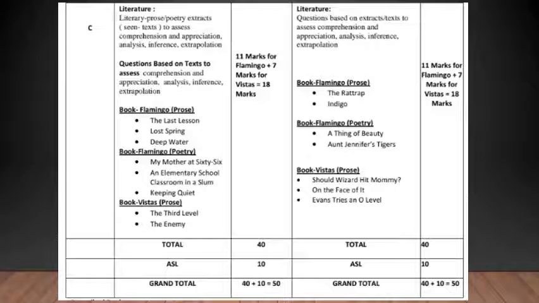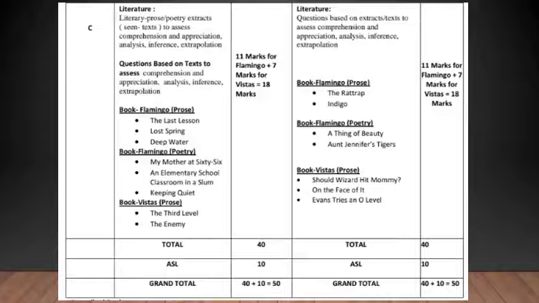So remember that this literature section is going to be only for 18 marks, 11 marks for Flamingo, which includes prose and poetry section, whereas 7 marks for non-detailed textbook Vistas.